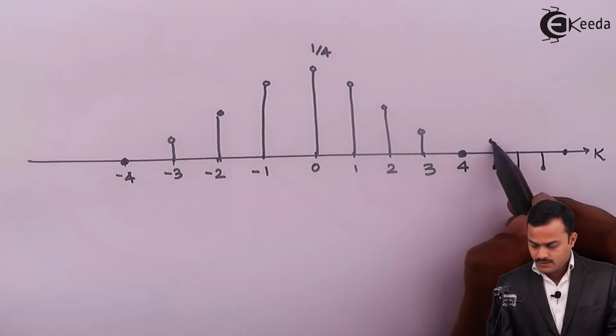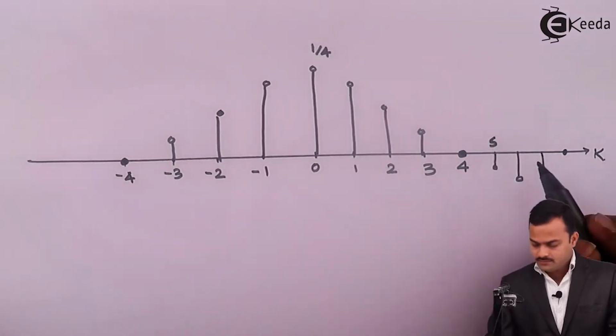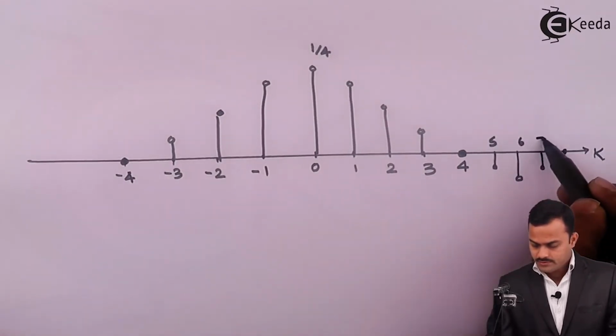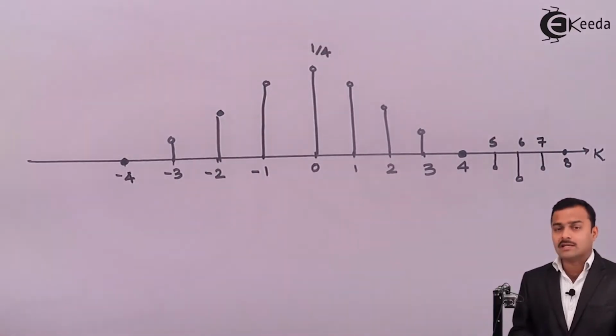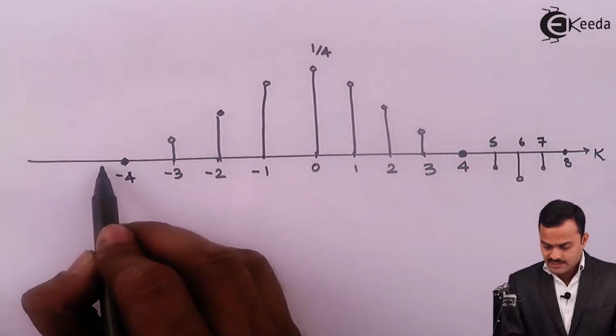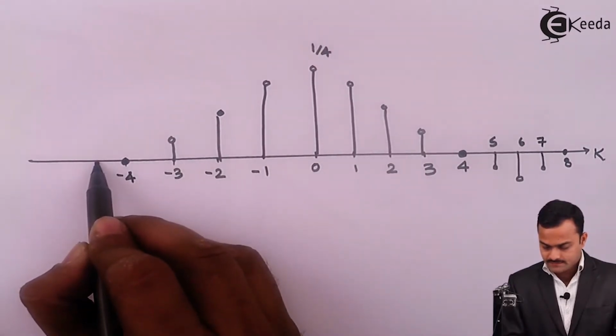So for 5, it will get a negative value, 6, 7 also, and most importantly for k equal to 8, it will be 0 because it's a multiple of 4. Same will be the case in the negative direction as well.